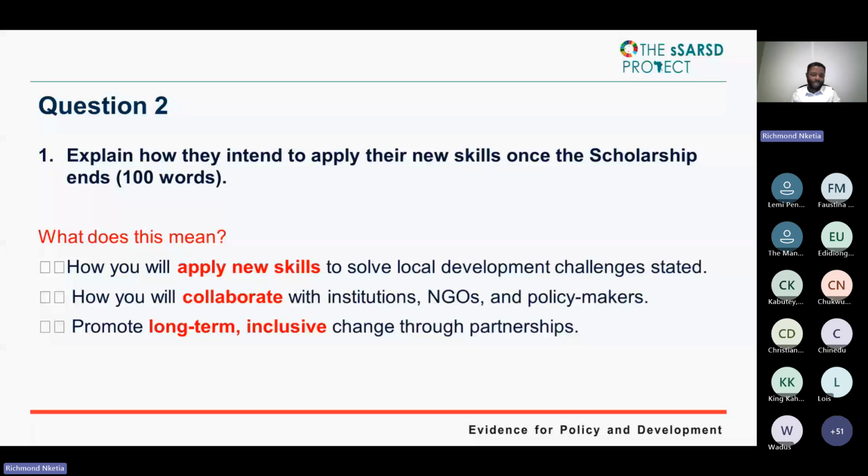So somebody might be addressing the same issue, perhaps in Kenya, and you are coming from Uganda, and another person is coming from Nigeria. You meet there, they group you into themes like you've spoken about. You discuss what you intend to do when your program ends and the problems you intend addressing. And so what I'm saying is that the Commonwealth is more interested in those words: partnership, collaboration, networking, yes, long-term inclusive development and that.